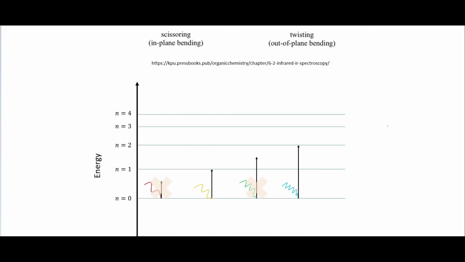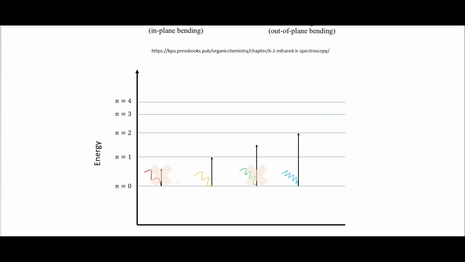All right, so what we're looking at is allowed vibrational modes here. And this is what's going to allow us to pick out which types of frequencies are being absorbed, and that will tell us what types of bonds we have in our molecule.